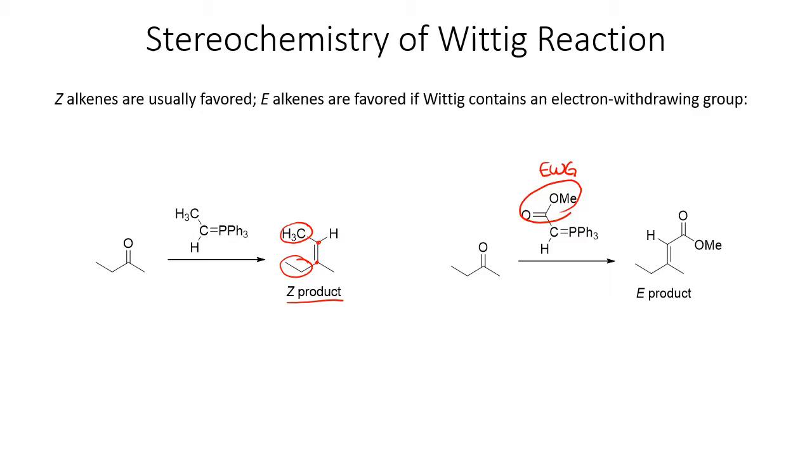So in this case, focusing on the two carbons of the alkene, we have our higher priority groups on opposite sides, so we end up with the E product. Now I just wanted to introduce this concept. For the purposes of our class, we will always be starting with a symmetrical ketone or aldehyde, and so you don't need to worry about which one of these products will form.